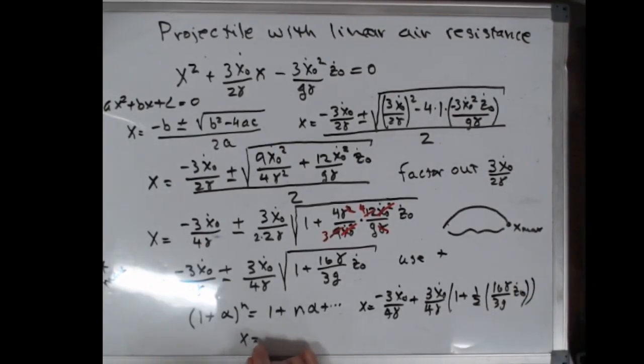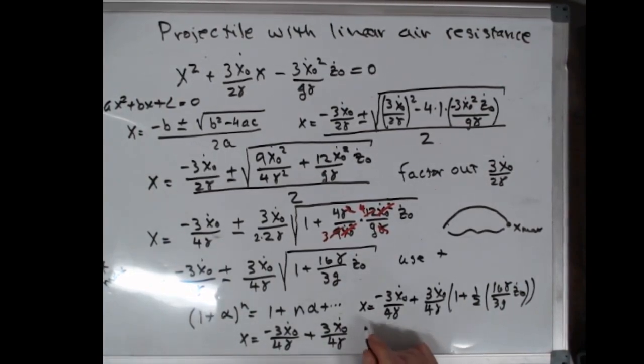And so I get x is equal to minus 3 x naught dot over 4 gamma plus 3 x naught dot over 4 gamma plus 8.